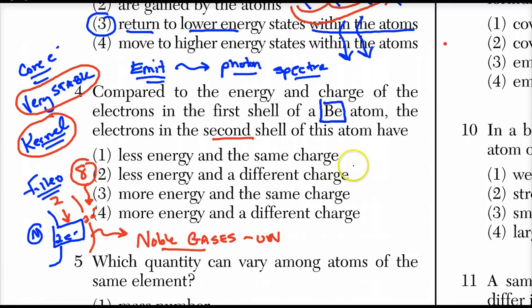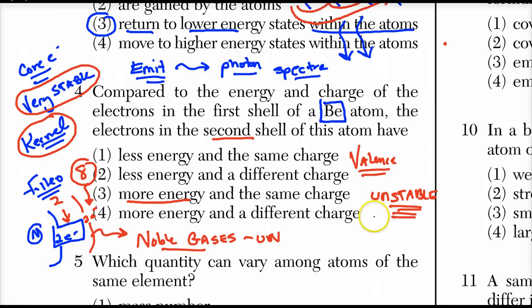And valence electrons are very unstable, because they're available for bonding. They haven't filled their energy level. So therefore, electrons in the second shell have more energy. More energy means what? Unstable.